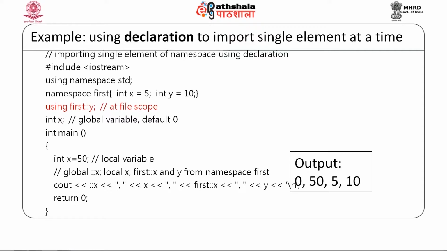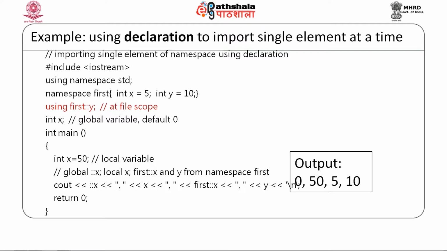Now, again here I have used int x as the global variable, also int x as the local variable. So, when we refer, there are 3 x, one from global scope, one from local scope and one from the scope of the namespace first.